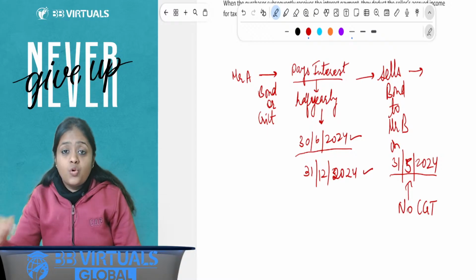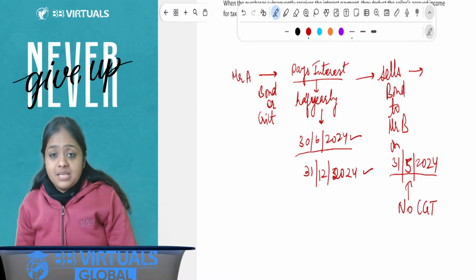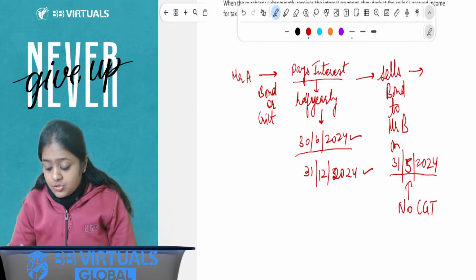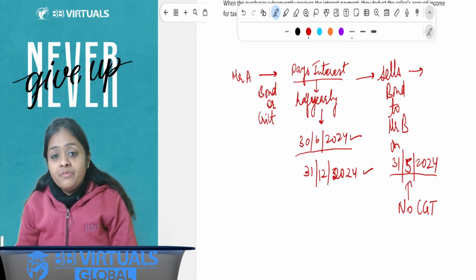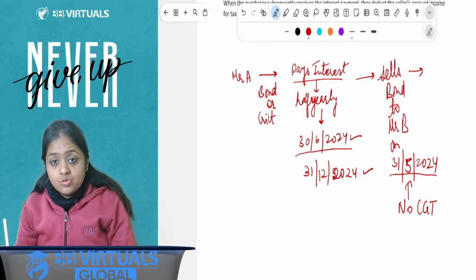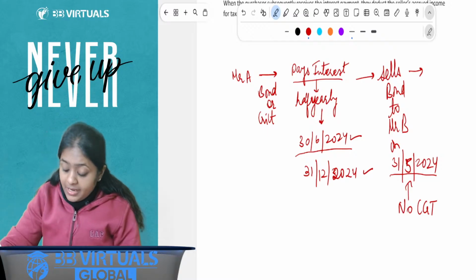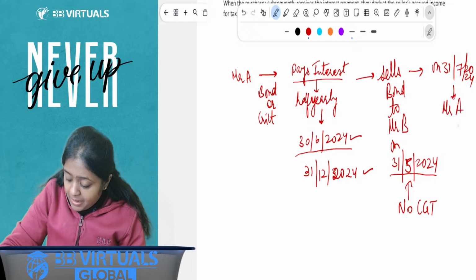Now he sold the bond to Mr. B at a very good price because of course he will say, boss, I'm giving you the interest income also, so please take it at a very good price. Now Mr. B will receive all the income on 30th June and so he will be paying the taxes on this entire interest income on 30th June. Right? Now let's say on 31st July, again Mr. A buys this bond.